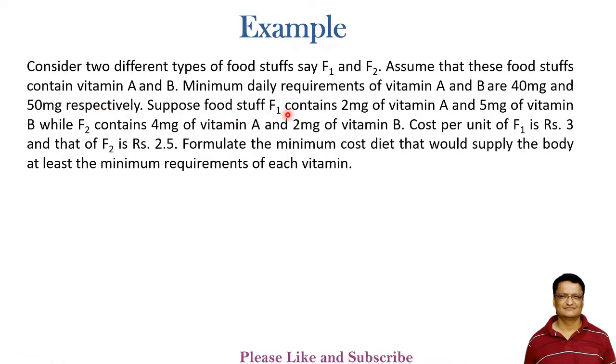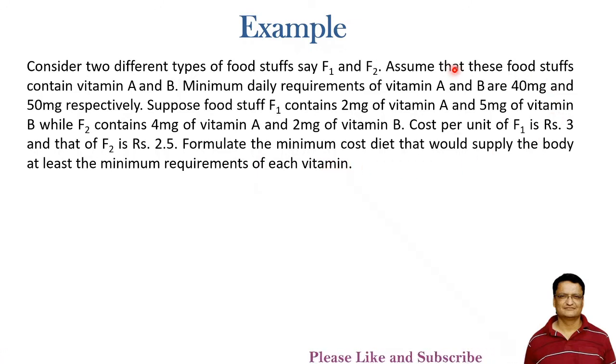Suppose foodstuff F1 contains 2 mg of vitamin A and 5 mg of vitamin B, while F2 contains 4 mg of vitamin A and 2 mg of vitamin B. Cost per unit of F1 is rupees 3 and that of F2 is rupees 2.5. Formulate the minimum cost diet that would supply the body at least minimum requirements for each vitamin.